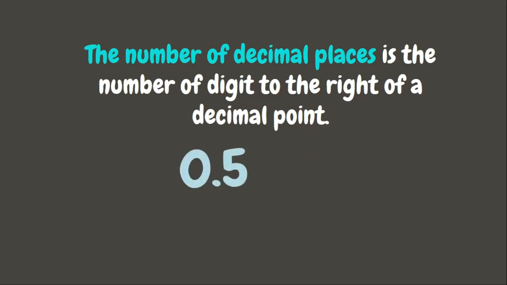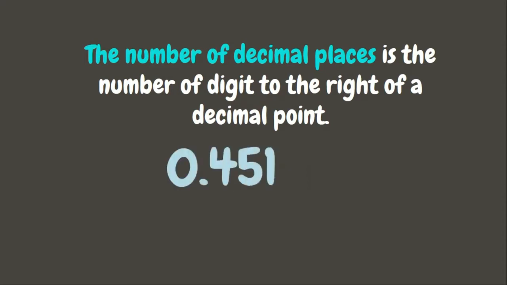Let's count the number of digits to the right of the decimal point. We have 1. Therefore, 0.5 has 1 decimal place. Last example, 0.451. Let's count the number of digits to the right of the decimal point. 1, 2, 3. Therefore, it has 3 decimal places.